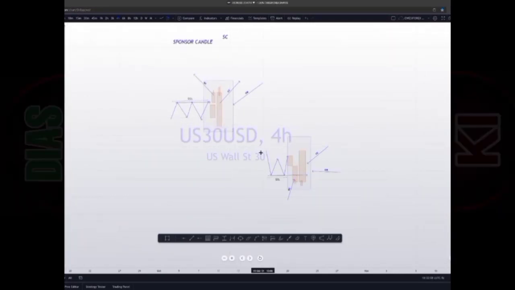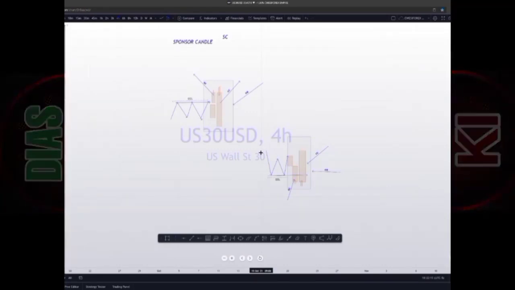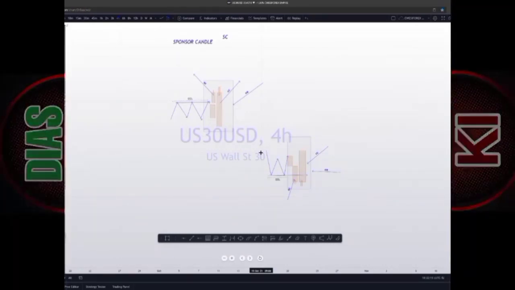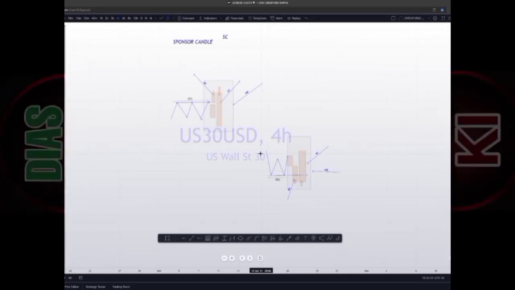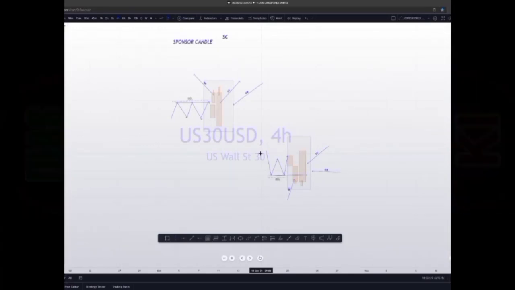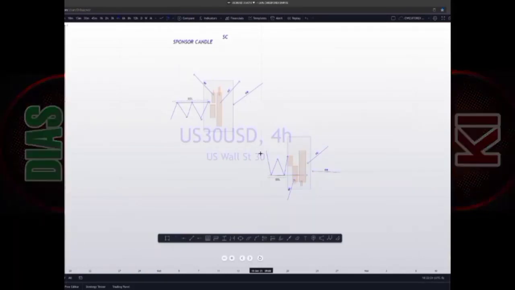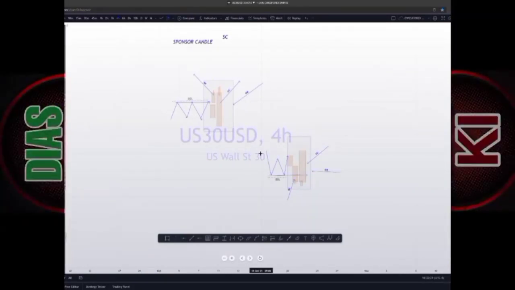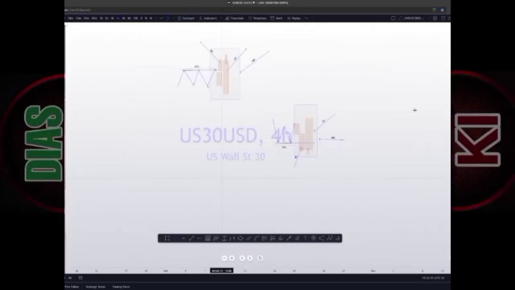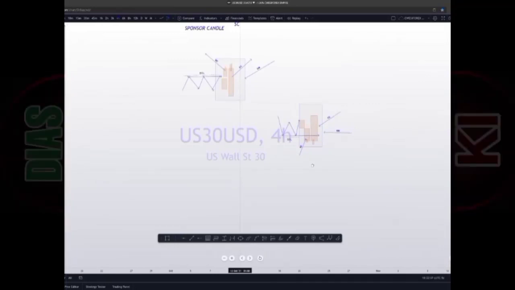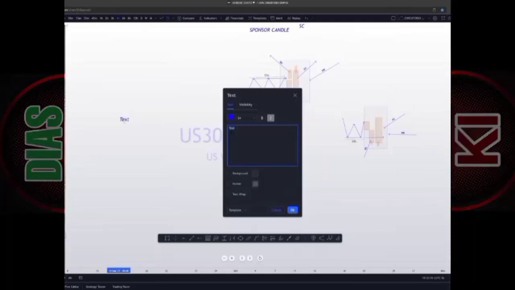Okay. So we have two types of order block. We have the bullish order block and we have the bearish order block as well. So when we talk of the bearish order block, let's start with the bullish order block. Types of order block.